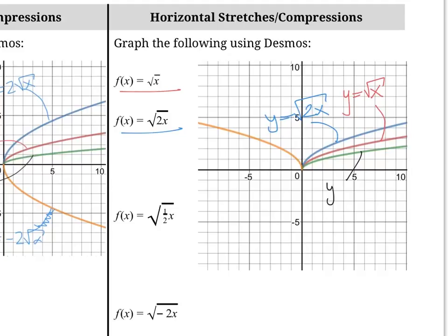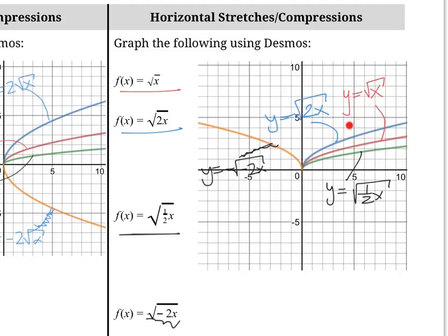This was y equals square root of a half x. And then finally, when we graphed this one that had a negative inside the square root, we got this reflected function over here. y equals square root of negative 2x. And we'll just use the squiggly line again.